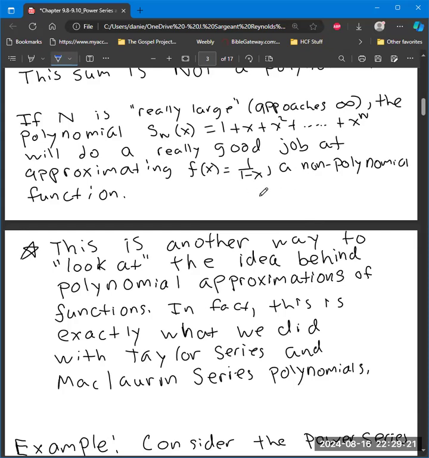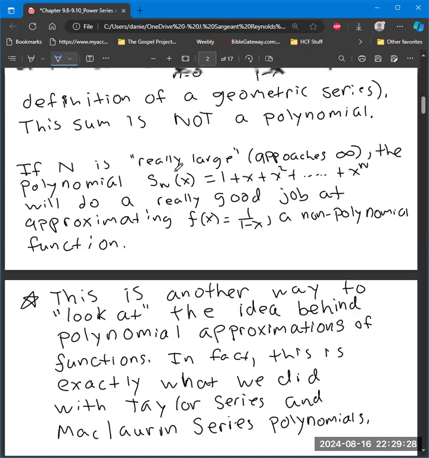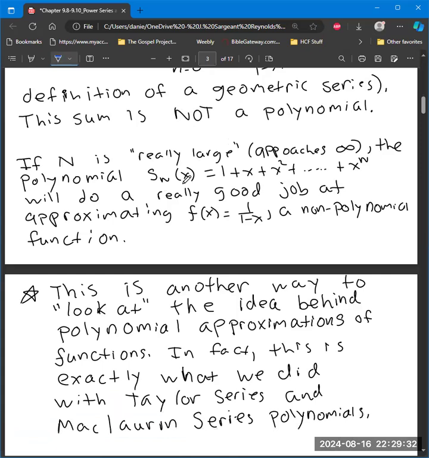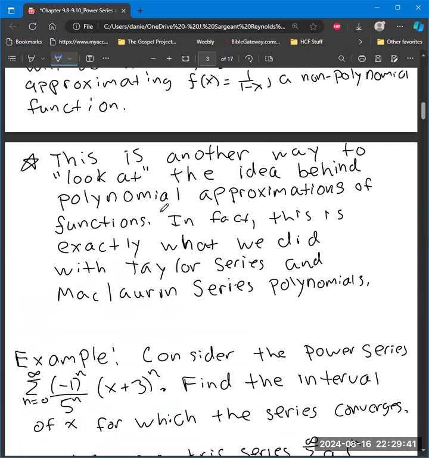Well, we're going to see certain functions here in a little bit where we actually can use these power series, especially these Taylor and Maclaurin series, to actually trace the entire function. And so this is another way to look at the idea behind polynomial approximations of functions.